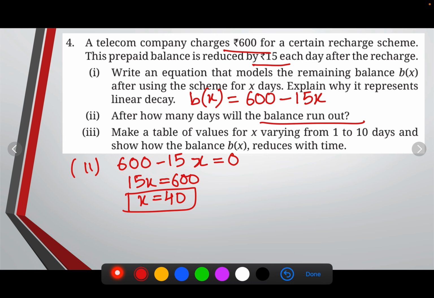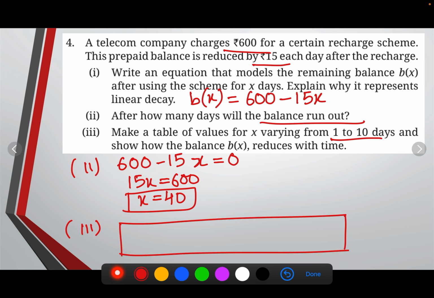Next part, make a table for the value varying from 1 to 10 days showing the balance. So here again I have to make a table where this is x, number of days, and this is balance. So for first one it will be 600 minus 15, so 585.